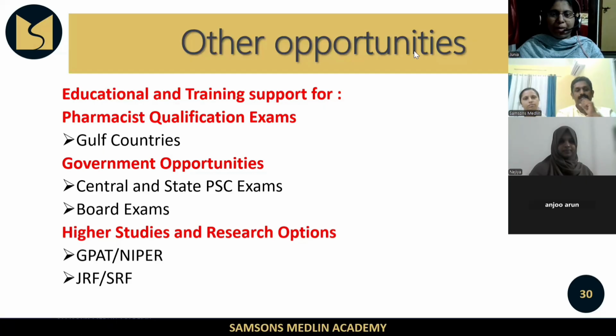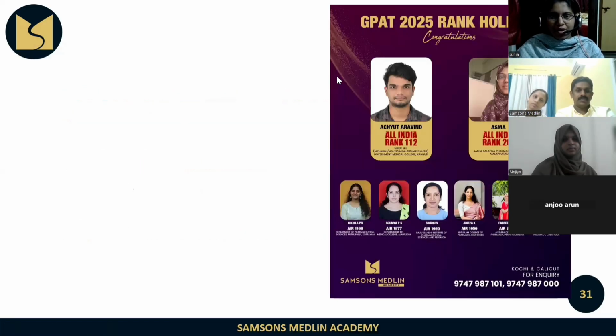Next, apart from the GPAT, what other services or educational opportunities are we providing to students? We are preparing students for the pharmacist examination, especially for the Gulf countries, and we are also preparing students for central as well as state PSC exams, board exams, as well as GPAT, NIPER, and higher studies examinations.